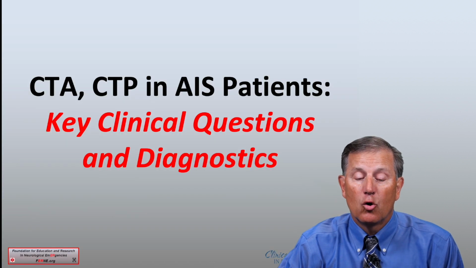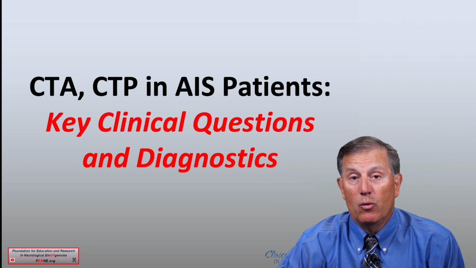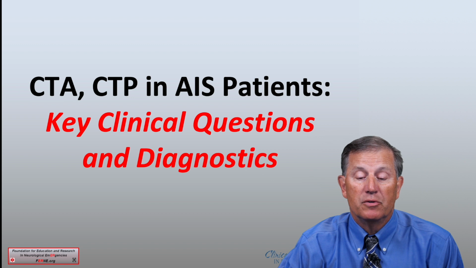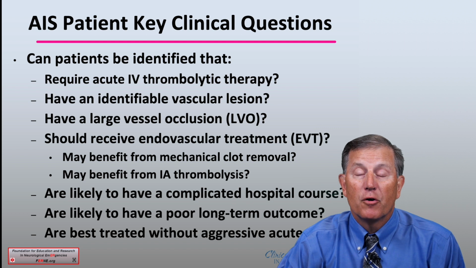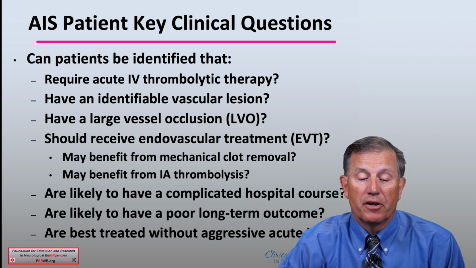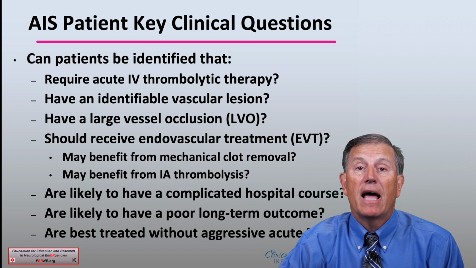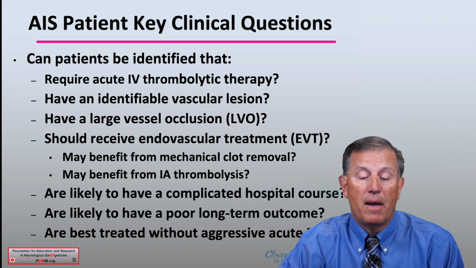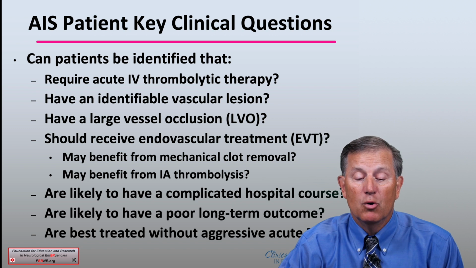What are the key clinical questions and diagnostics that will help guide our thinking as we attempt to diagnose and treat stroke patients? First, we'd like to know whether patients can be identified that require acute IV thrombolytic therapy, have an identifiable vascular lesion, have a large vessel occlusion or LVO, should receive endovascular treatment or EVT, and who may benefit from some type of mechanical clot removal or intraarterial thrombolytics.